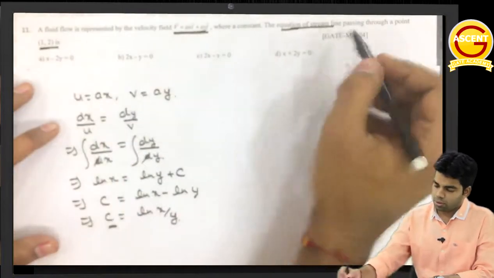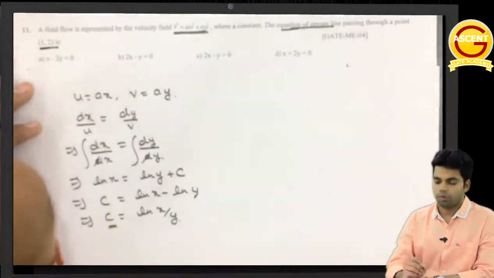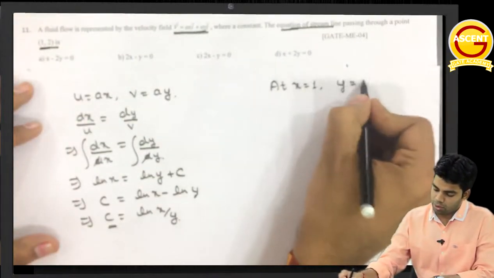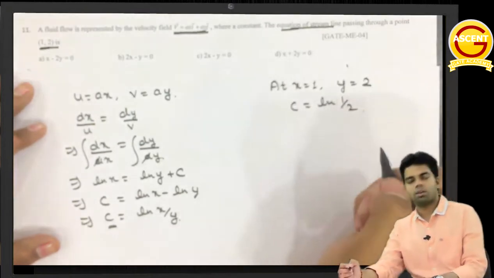Now we want to determine the value of this c. We have to determine the equation of the streamline which is passing through the point (1, 2). At x = 1 and y = 2, c will be equal to ln(1/2). So this is the value of c.